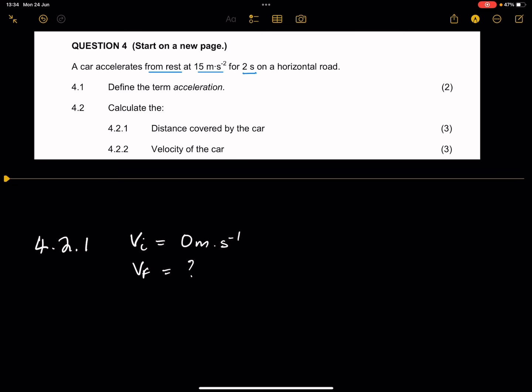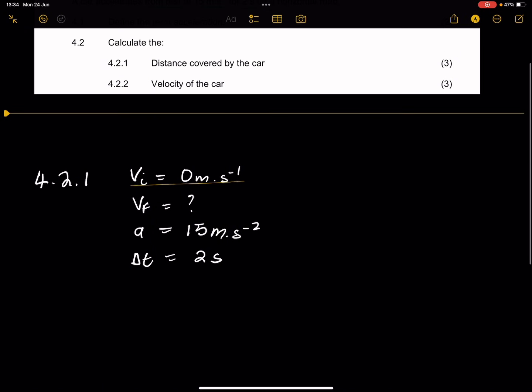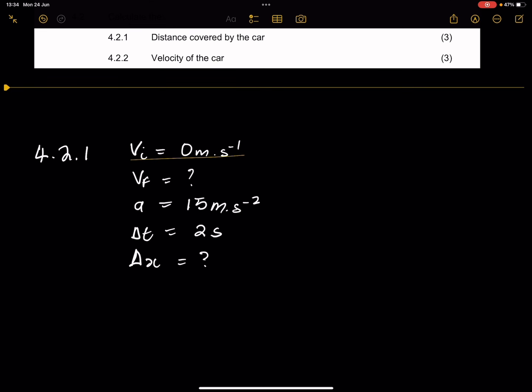Our acceleration is given to us as 15 meters per second squared, right? So the car is moving faster and faster, and the time that is given is 2 seconds. Now note, we don't have displacement as well. So the question wanted the distance or the displacement covered. So we're looking for the distance.